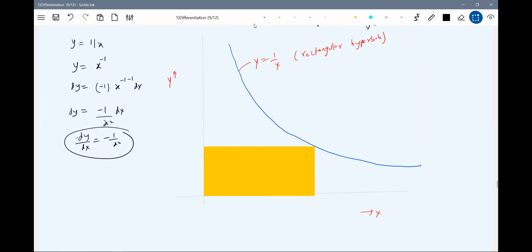Okay, let's see how this change in area will be reflected. Again, here I'll bring one strip.